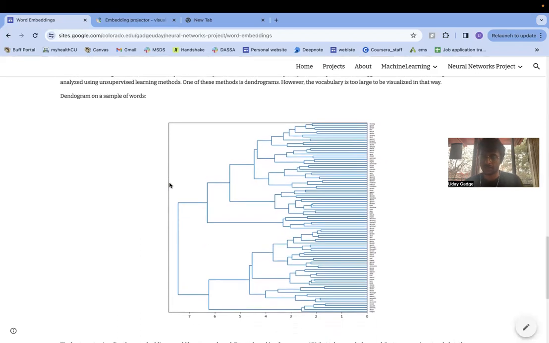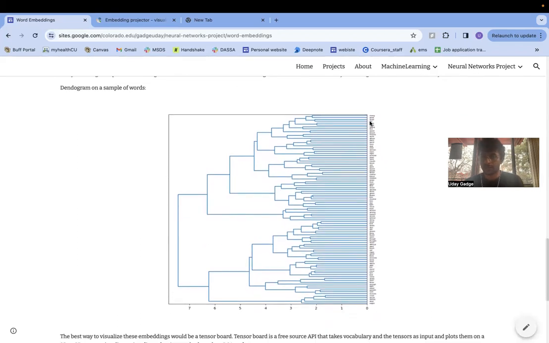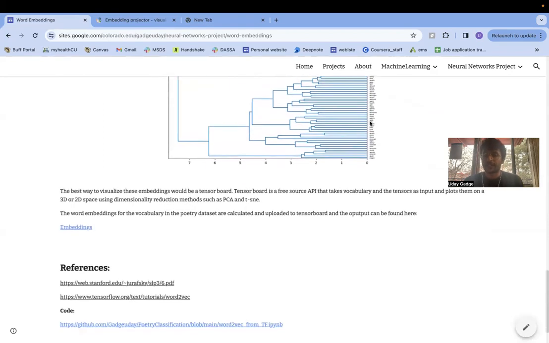In this project, hierarchical clustering is done, but because we have a vocabulary size of 15,000, it is impossible to visualize all these word embeddings. And the other way of visualizing these word embeddings is using a TensorBoard.